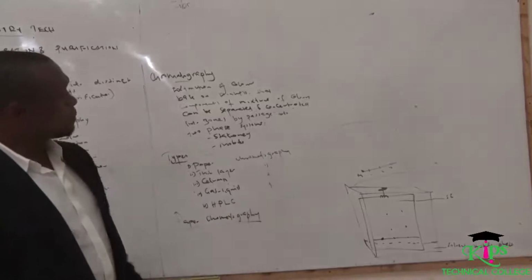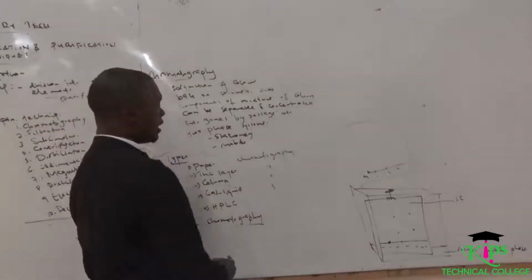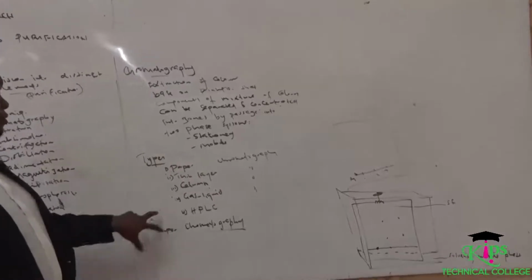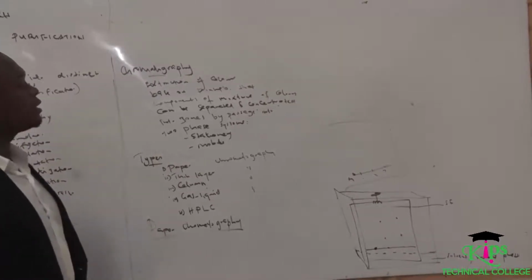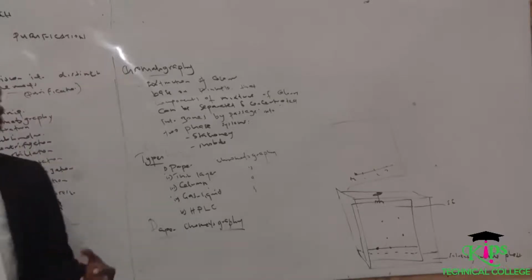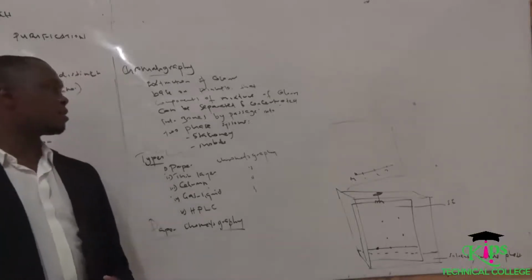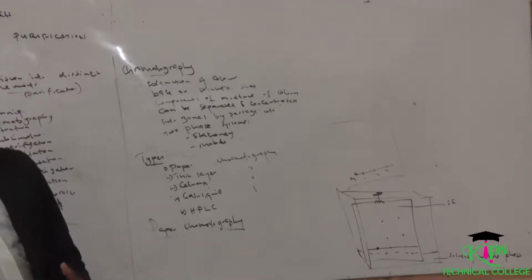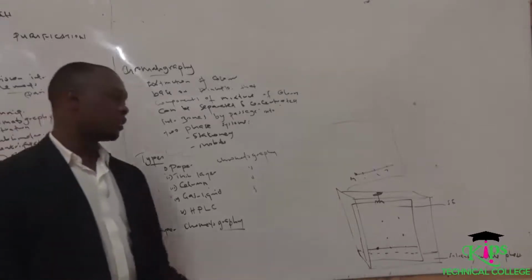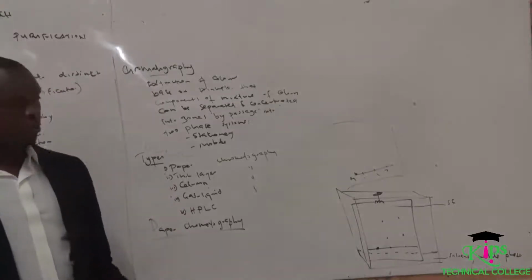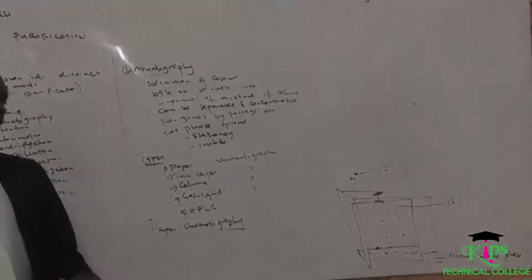Now, we can give an example of an experiment we can carry out to demonstrate paper chromatography. Say you have a letter or message written in ink using one of 3 pens, and you want to identify which particular blue pen was used in writing that letter.